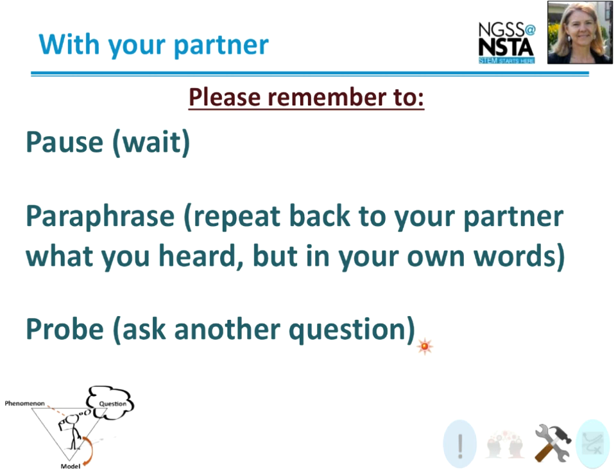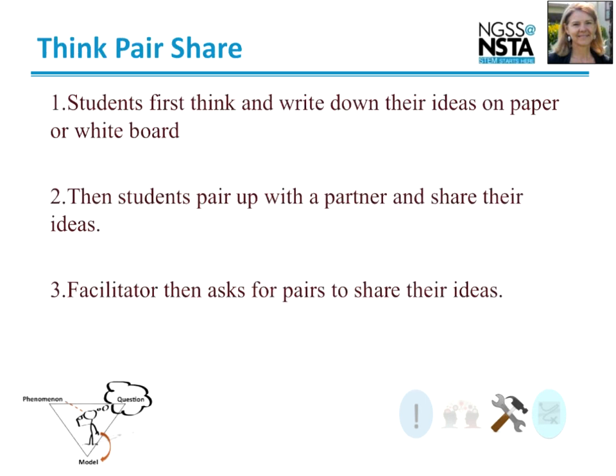And then the third one, of course, is to probe. Ask another question. See if you can go a little bit deeper. And when we practice this, we always start with something silly like maybe, what is your superpower? And that gives the students a chance to ask questions that are very non-threatening. And then when we work up to more scientific type questions and discussions, they feel much more comfortable talking to each other.